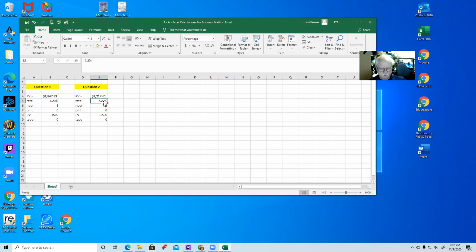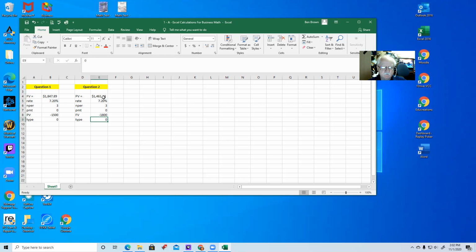The rate, oddly enough, I'm still using 7.2%. The number of periods, I still use 3. There's still no payment, but the future value here is negative 1800.